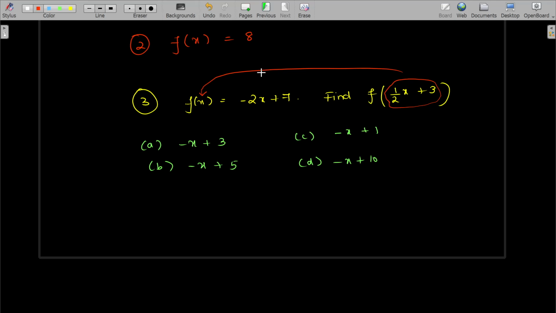Is it C? Yes, it is C. Okay, so this is the third question type that you can expect.